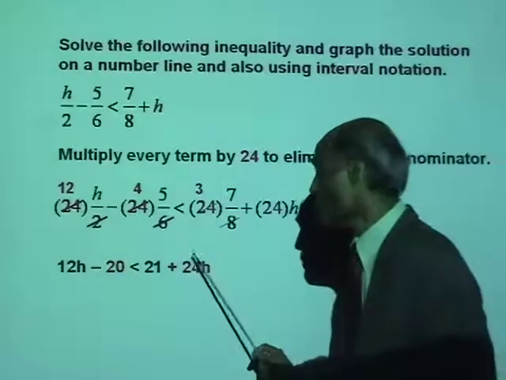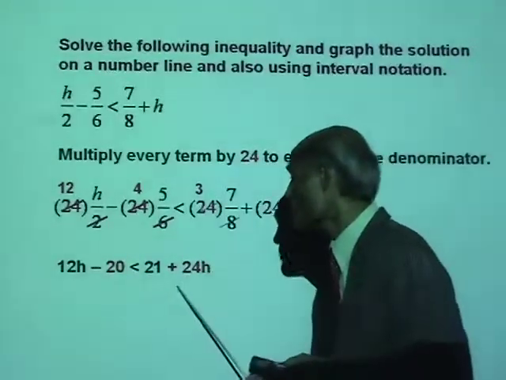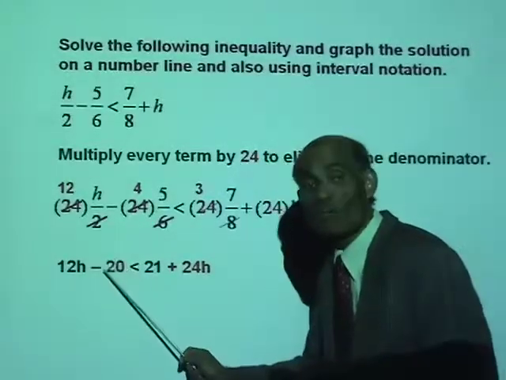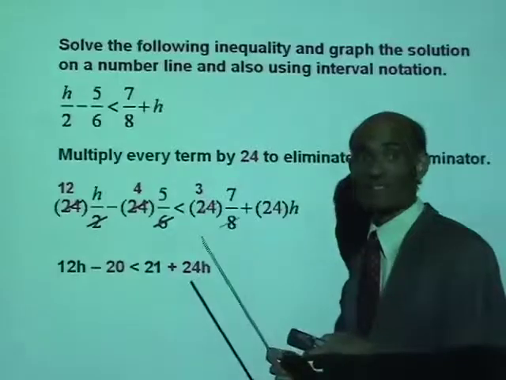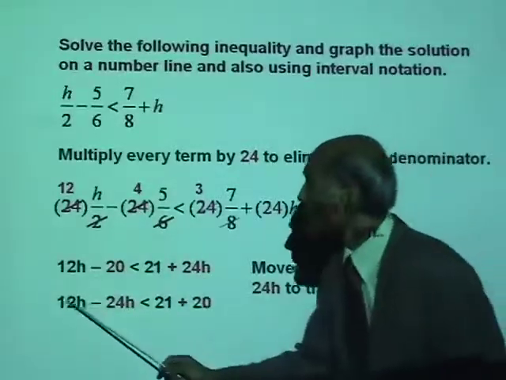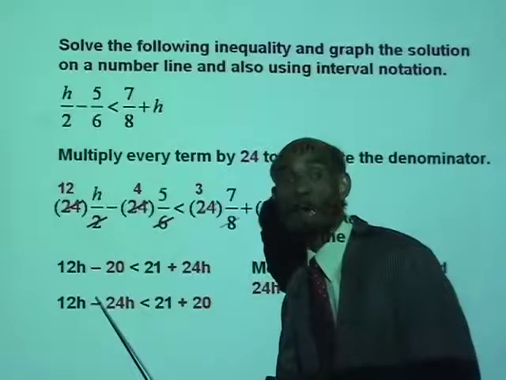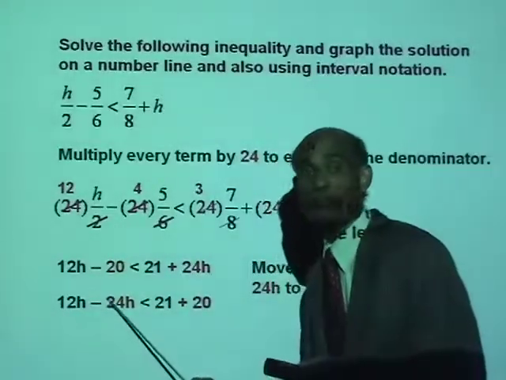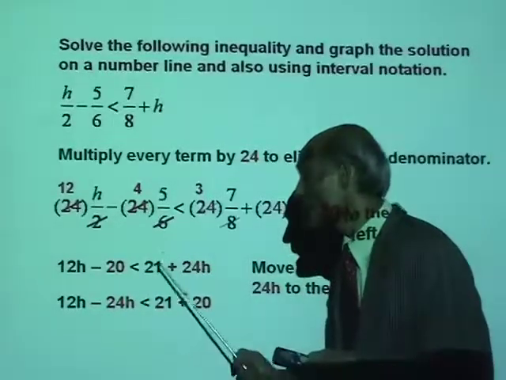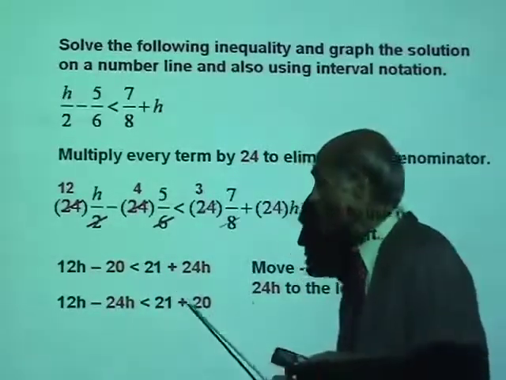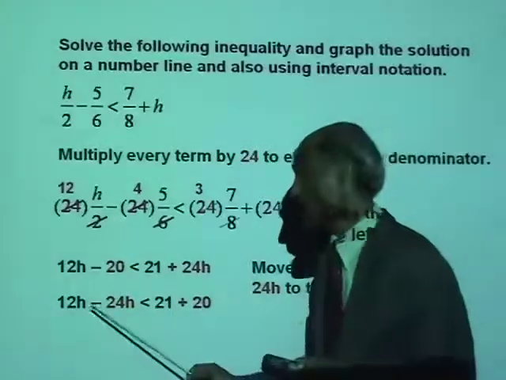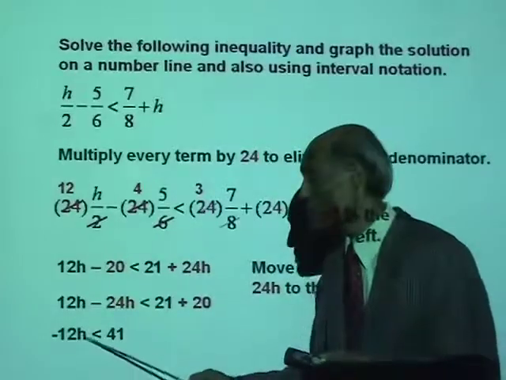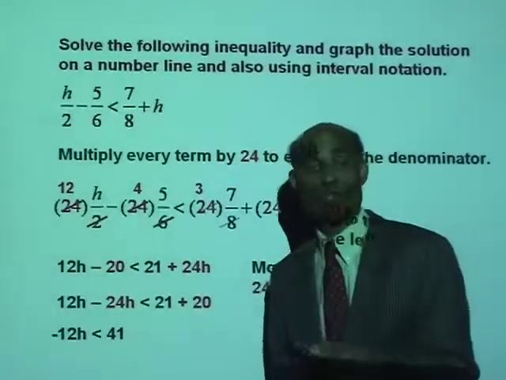What next? Move the 24h from the right to the left and move the negative 20 from the left to the right. That will be 12h minus 24h, alright, moved from the right to the left. 12h minus 24h less than 21 plus 20. And now 12h minus 24h is negative 12h is less than 41.